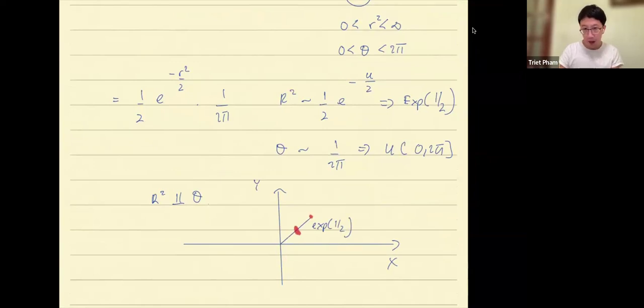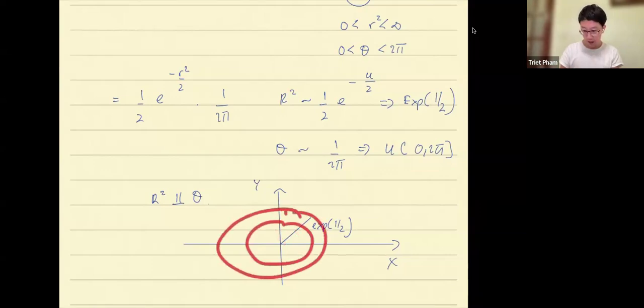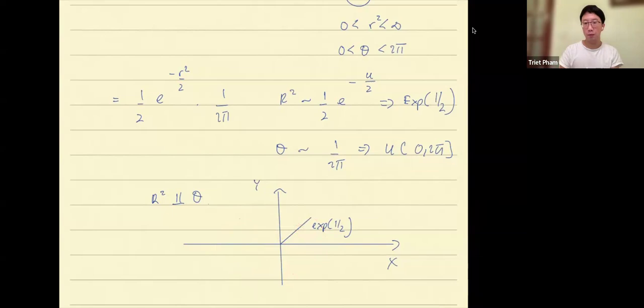Take the square root of that, and then take a point uniformly around the circle. Then that pair will be the same as the independent normals that you sample with the rectangular coordinates. Any question?